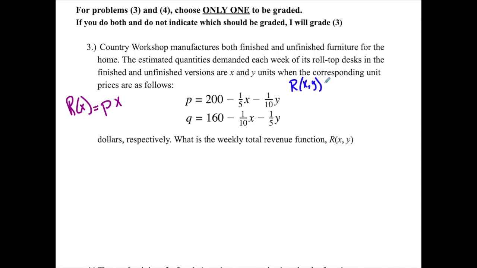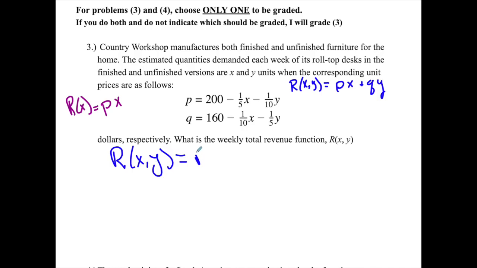You sold X units of P and Y units of Q. So you're just going to do PX plus QY. That's how this one is different.